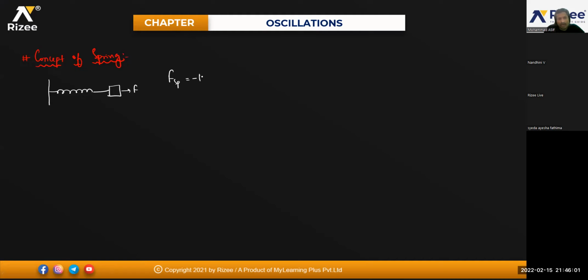So it will be equal to minus K into X. K is your spring constant and X is the extension from your natural length. Now force due to simple harmonic motion will be equal to minus K into X. In this one, it will be your mean position.